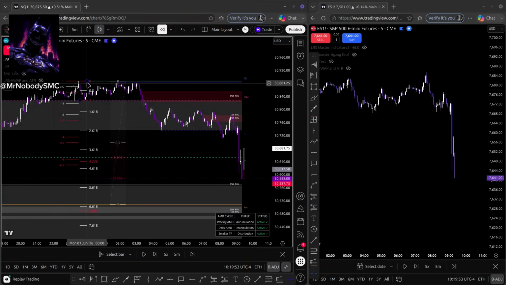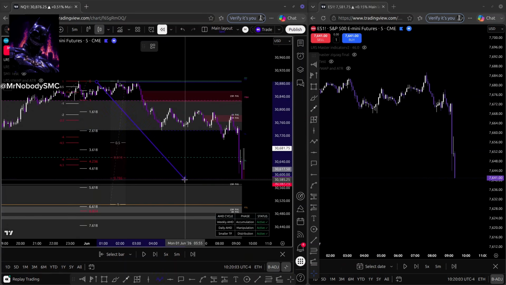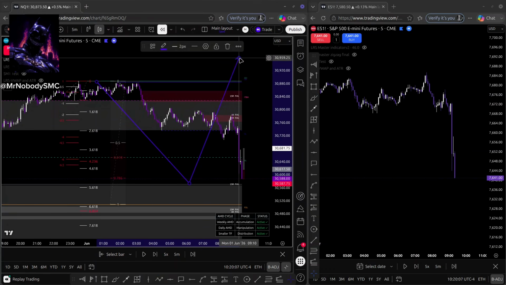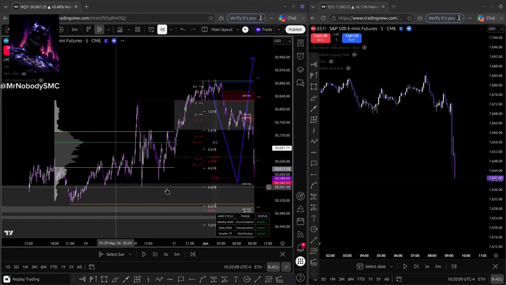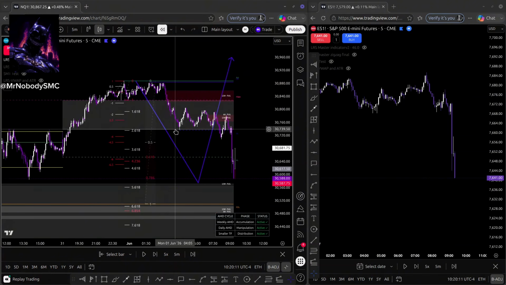So what do the Fibonacci extensions and standard deviation extensions tell you? They are telling you where this wave could extend to, then continue going in the direction that the overall market maker model is telling you that it wants to go.